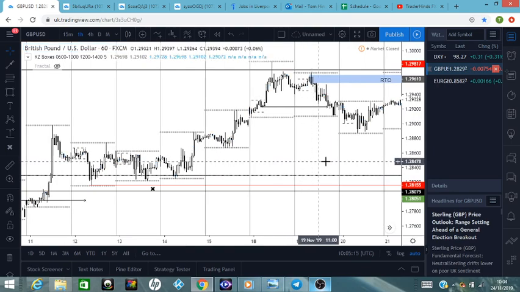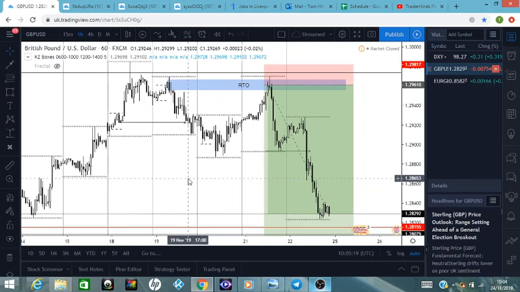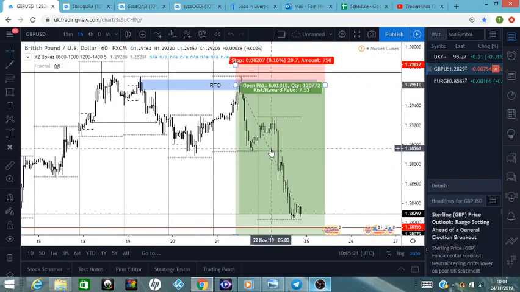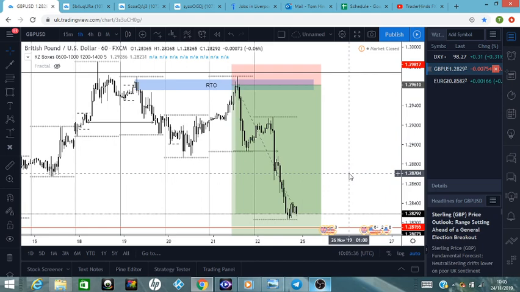So I will be holding this. I've already taken 70% off the trade. I believe we're going to see some sort of pullback, probably to this order block, potentially even here, and then resume our downward situation. That is the RTO as a setup.